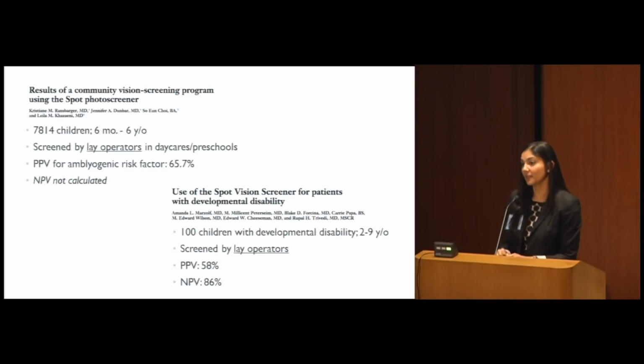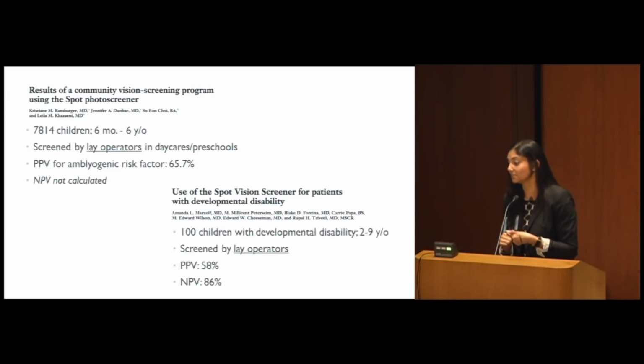And here they mentioned both the positive and the negative predictive values because all of these patients were screened by a pediatric ophthalmologist or optometrist, as they should have been since they do have these disabilities. They found, though, that the Spot Vision Screener had a slightly lower positive predictive value in this population of about 58%, but the negative predictive value was very, very high, about 86%.